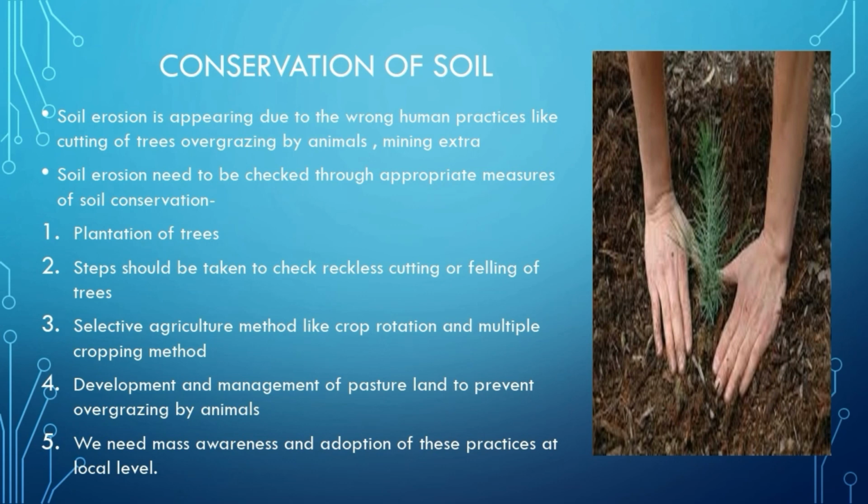Pasture land is used for grazing animals, so it should be developed and managed to prevent overgrazing by animals. The fifth is we need mass awareness and adoption of these practices at the local level.